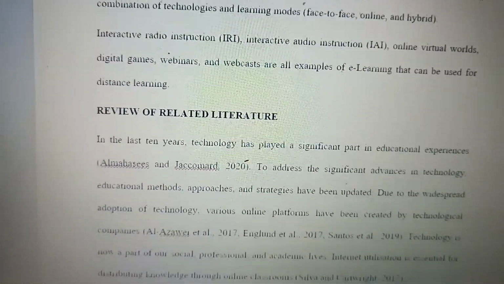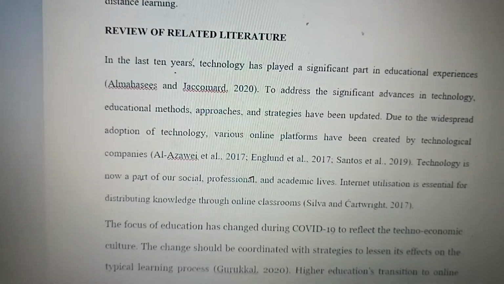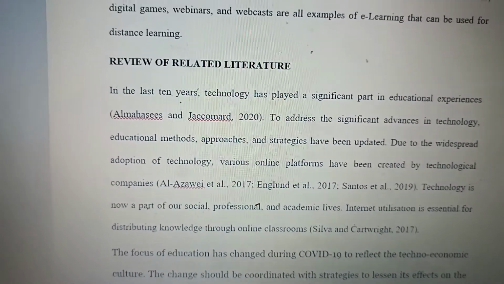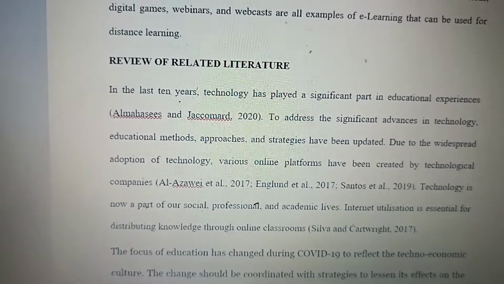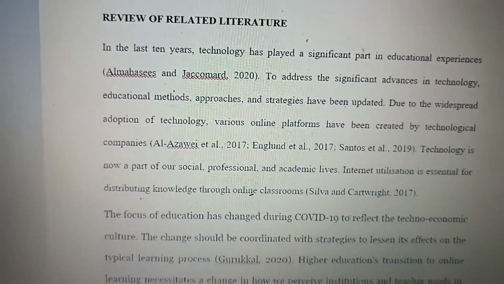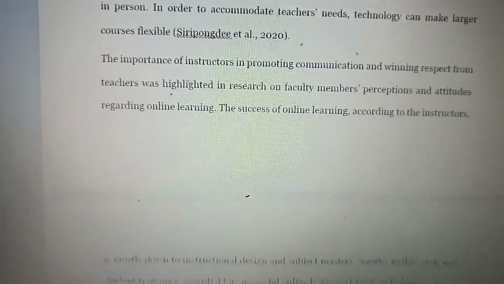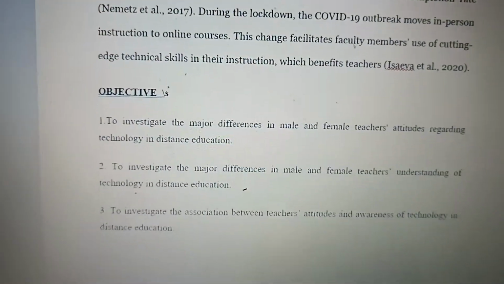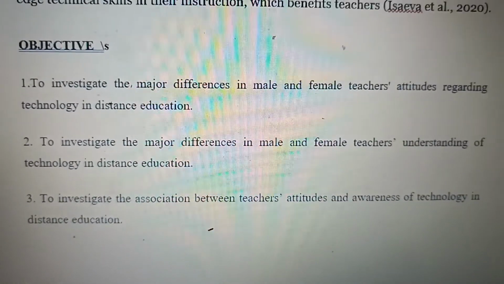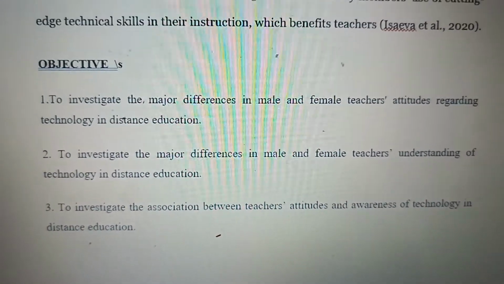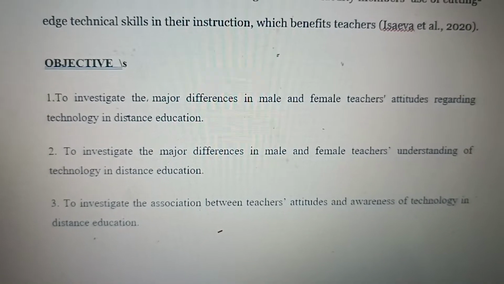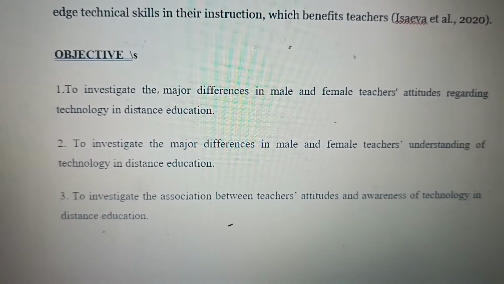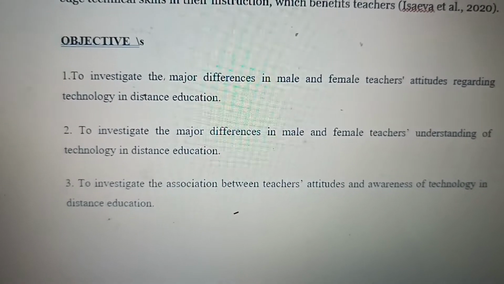Then I have put a few of the review of related literatures, like what studies have been done regarding distance education. Then the objectives are set up. The first objective you can see is based on the attitude of male and female teachers, because the title itself says the perception of the teachers.